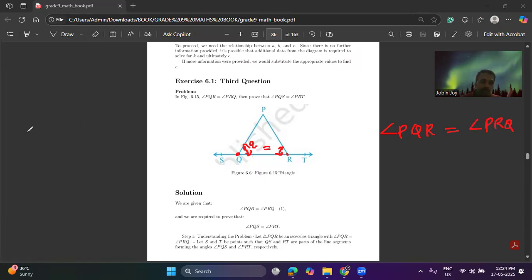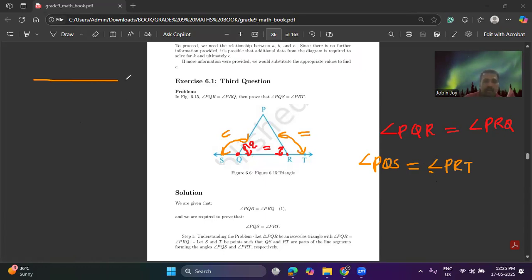Then the question is prove that angle PQS, this angle, is equal to angle PRT, this angle. So angle PQS is equal to angle PRT. Okay, we have to prove this.